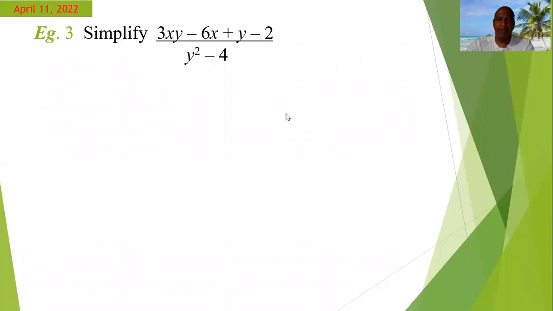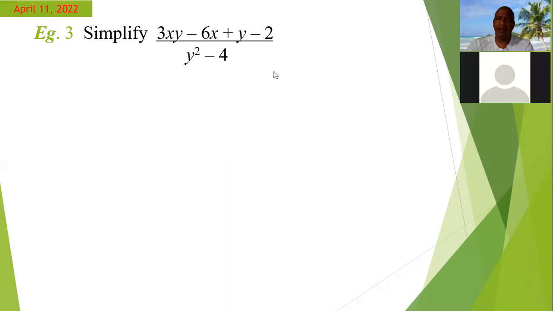So as Ms. Wilson was saying, we can factorize the denominator, which is y squared minus 4. But can the numerator be factorized? Ms. Wilson, you don't think the numerator can be factorized?